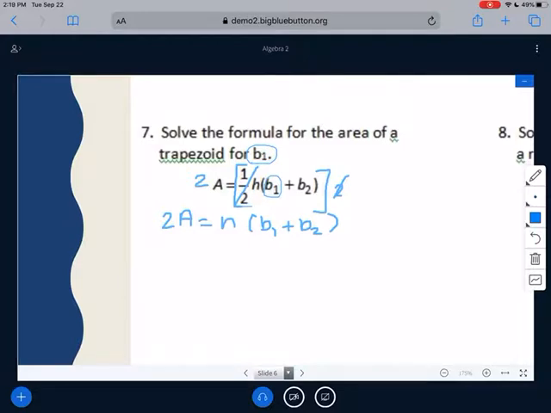It's not the move I would make, but I think it's the move you would make. The next thing you do is distribute your h. I would personally divide by h, but I believe most of you would distribute the h. By distributing the h, the next thing you need to do is subtract hb2 from both sides.